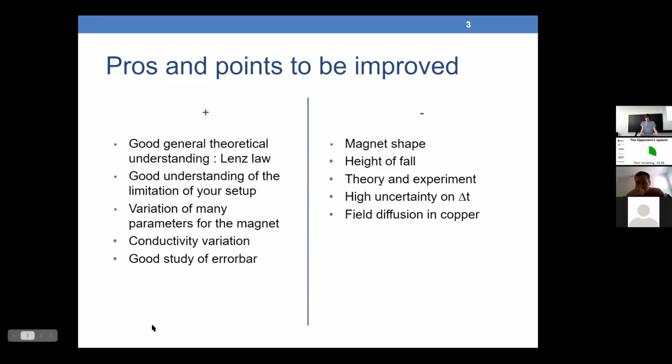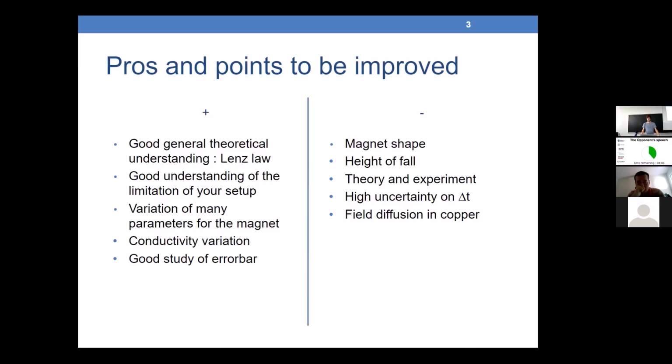So what can they improve? Maybe they could have tried to change the magnet shape, because the surface of the magnet that comes into contact with the copper is very important in the problem. I think they do not really compare theory and experiment.